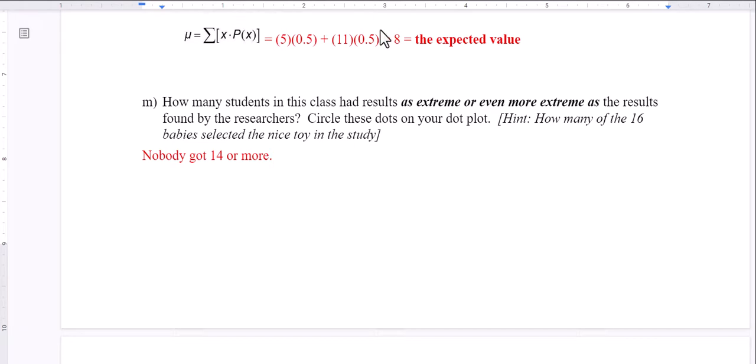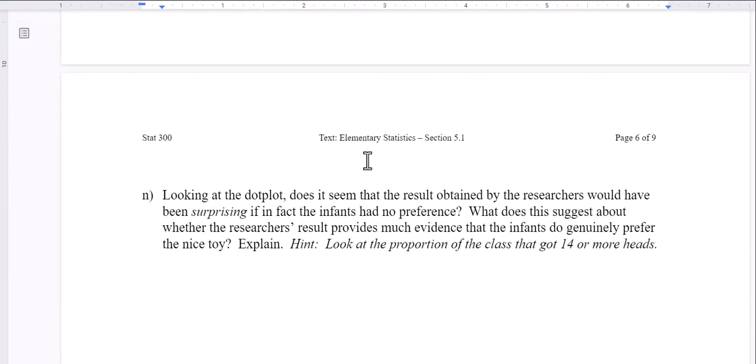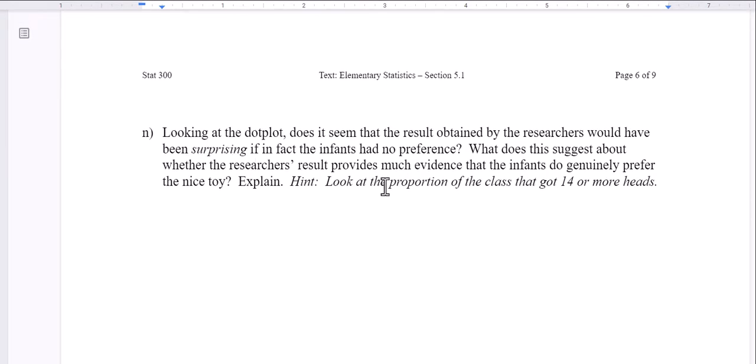Since no one got 14 or more, the next question makes more sense. Looking at the dot plot, does it seem that the result obtained by the researchers would have been surprising if in fact the infants had no preference? Meaning if the babies were just guessing, would it be surprising to get a result of 14 babies choosing the friendly toy? Yes, it would be very surprising, because we expect it to be around half, around 8.